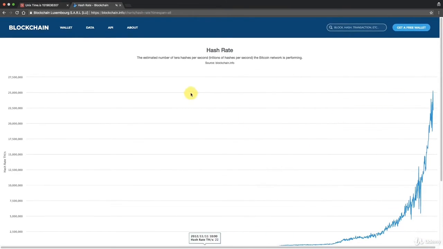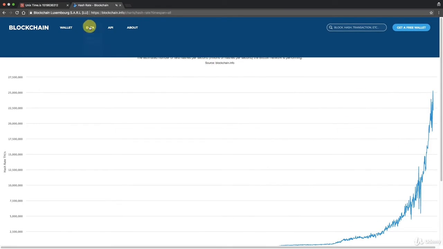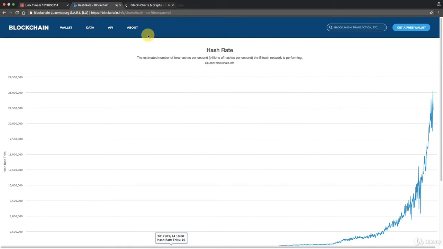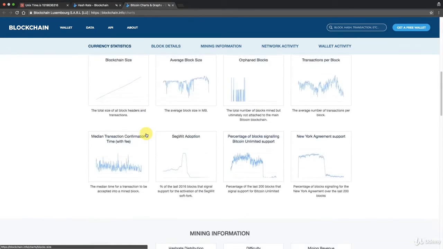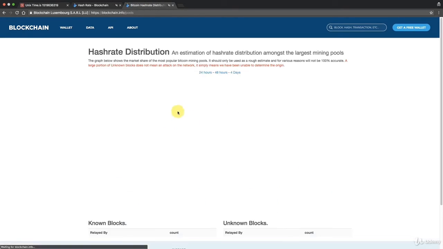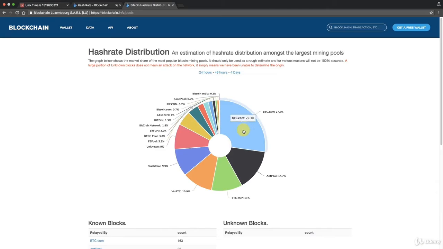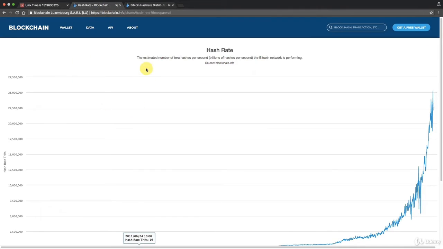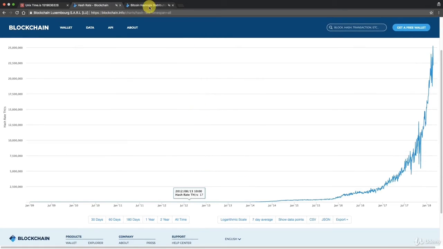Of course they're not all working together. A lot of them are competing against each other. But even if we go back to charts and find the hash rate distribution, we know that BTC.com is 27% of that 22 million trillion hashes per second.